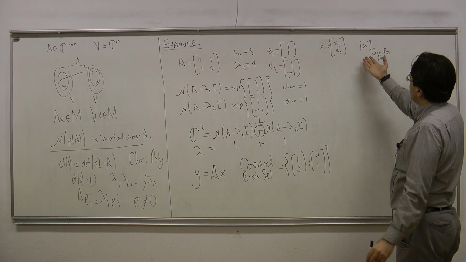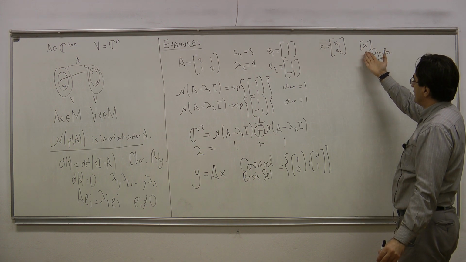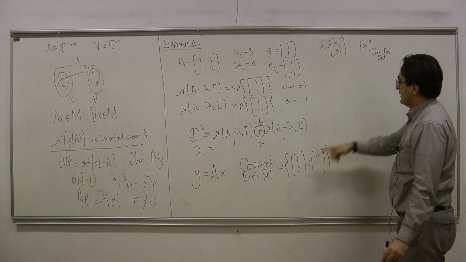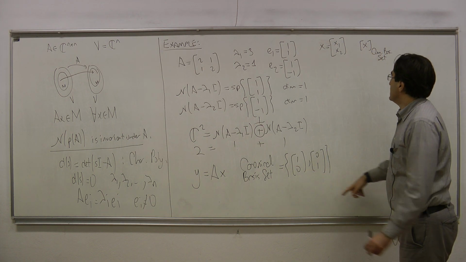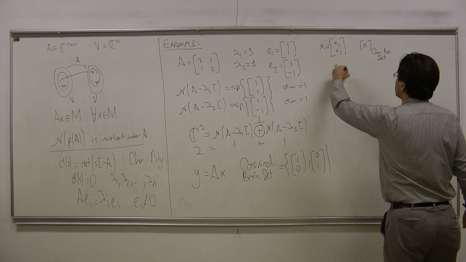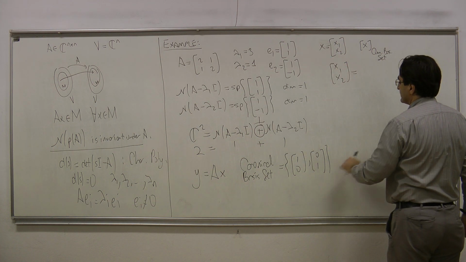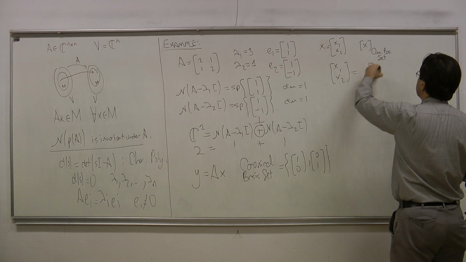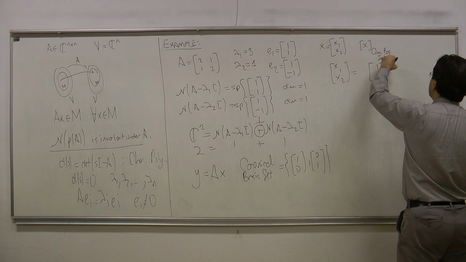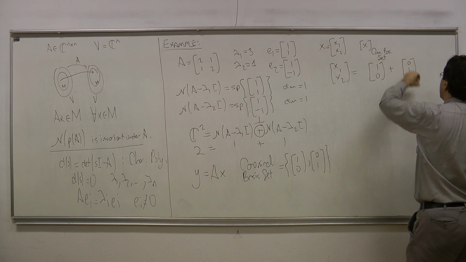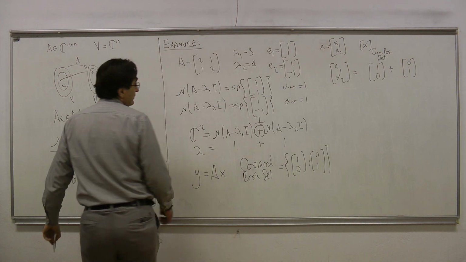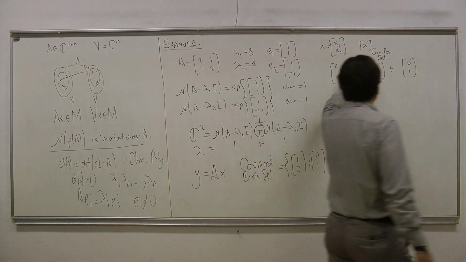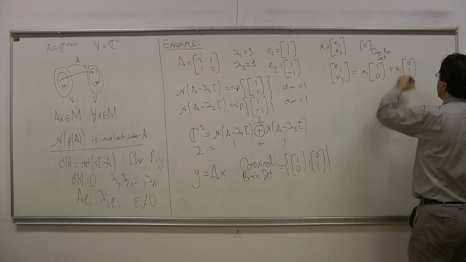Okay? In order to find this representation, I need to express X as a linear combination of the basis set elements. Okay? Let us express the vector x1, x2 as a linear combination of the basis set elements here. 1, 0 plus 0, 1. Okay? And in this case, the coefficients, as you see, should be x1 and x2.